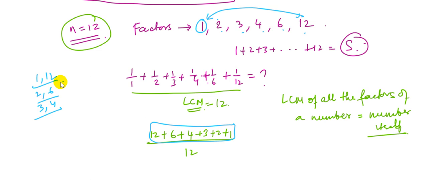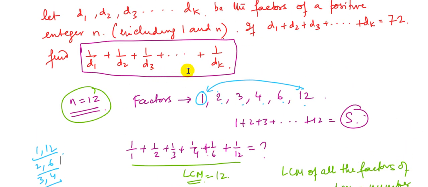Clear? Yes, sir. Now let's go back to the problem. Now you have understood, right? So now the LCM of all these numbers, d1, d2, d3, are all factors, so the LCM will be the number itself, which is n. Not dk, n.